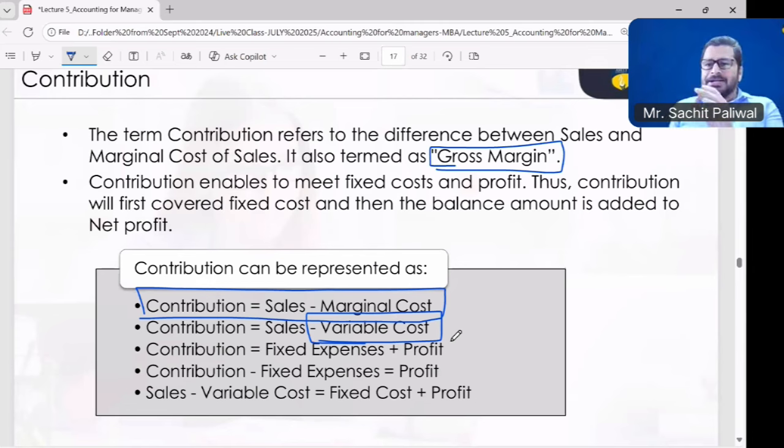PPE, property, plant, equipment, machineries, tools, all of these are fixed costs. Am I right? Rent also. But rent depends on whether you own the property or not. If you own the property, then there's no rent. So those things which are always there are fixed costs, that is property, plant, and equipment. Wherever the machineries, equipment, and plant you are using to manufacture the mobile phone is your fixed expense.